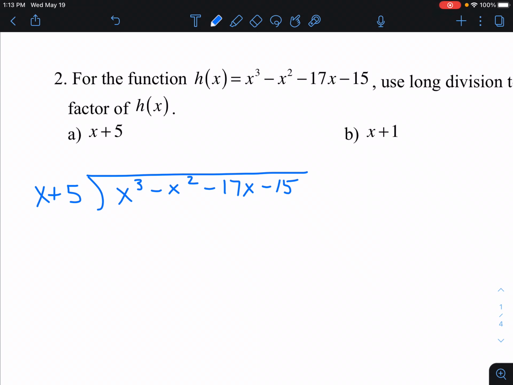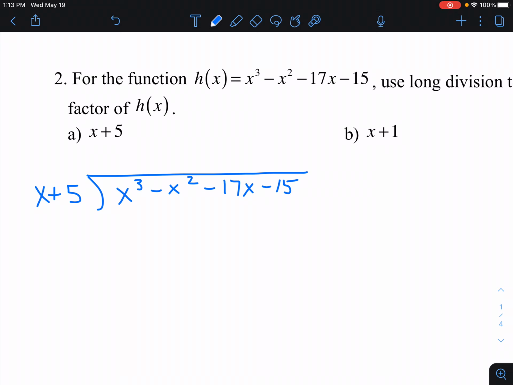Factors of 35 are 1, 5, 7, and 35. Factors are numbers that multiply or divide evenly with a certain number, and you don't get a remainder, okay? So we're going to answer yes, x plus 5 is a factor if we get a remainder of 0, also known as no remainder, or we're going to put no, x plus 5 is not a factor if we get a remainder other than 0.